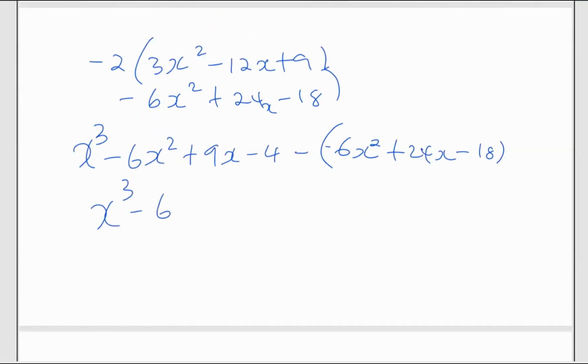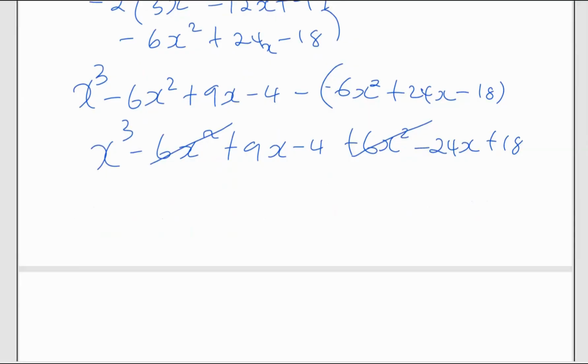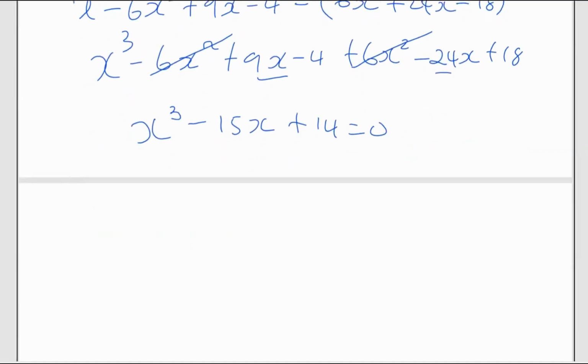So x cubed minus 6x squared plus 9x minus 4 plus 6x squared minus 24x plus 18. So this 6x squared cancels that, meaning that I'm going to be left with x cubed. This and that is negative 15x. This and that is going to give me a positive 14, is equal to 0.